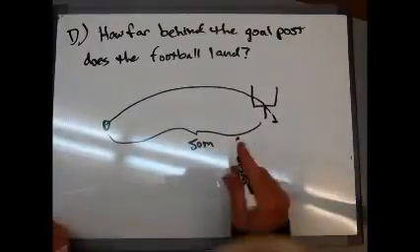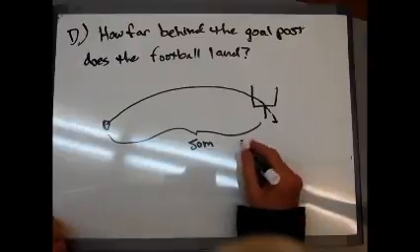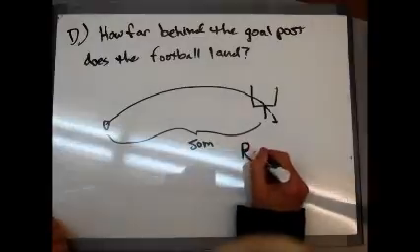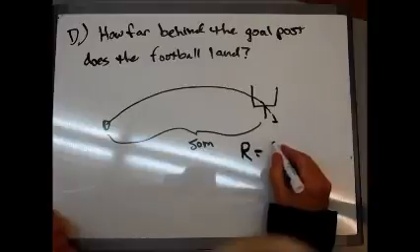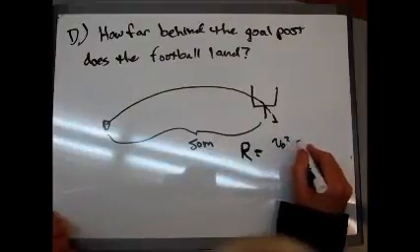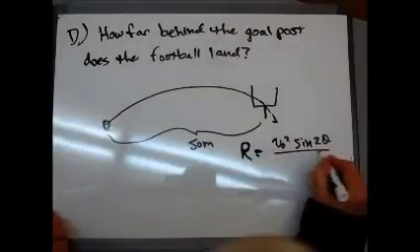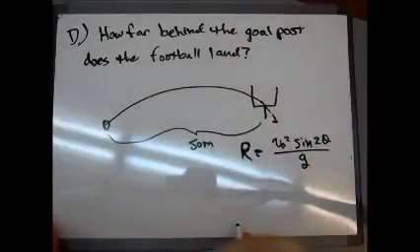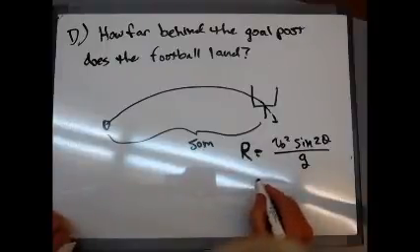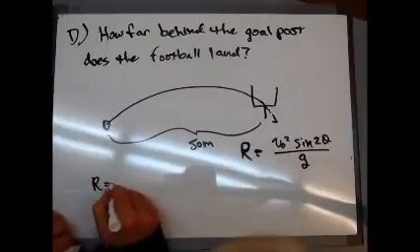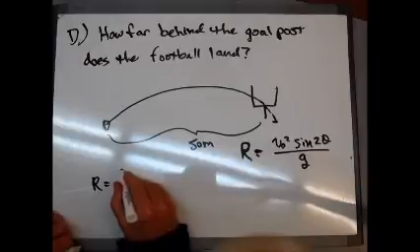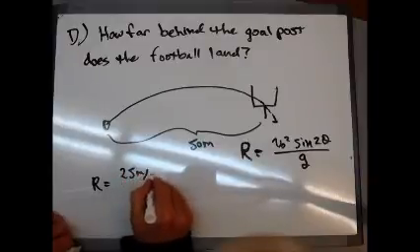This problem can be solved with our range formula. If you remember, the range is equal to v naught squared sine of 2 theta over g. Our v naught was 25 meters per second.